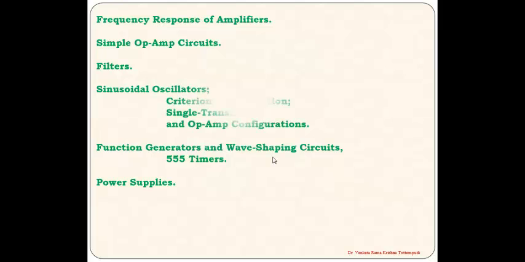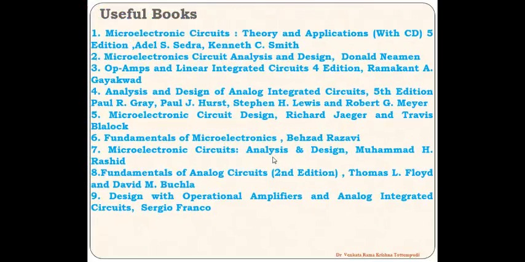Frequency response of amplifiers, simple op amplifier circuits, filters, sinusoidal oscillators like criteria for oscillations, single transistor and op amplifier configurations, function generators and wave shaping circuits, 555 timers, power supplies. These are some of the usable books.